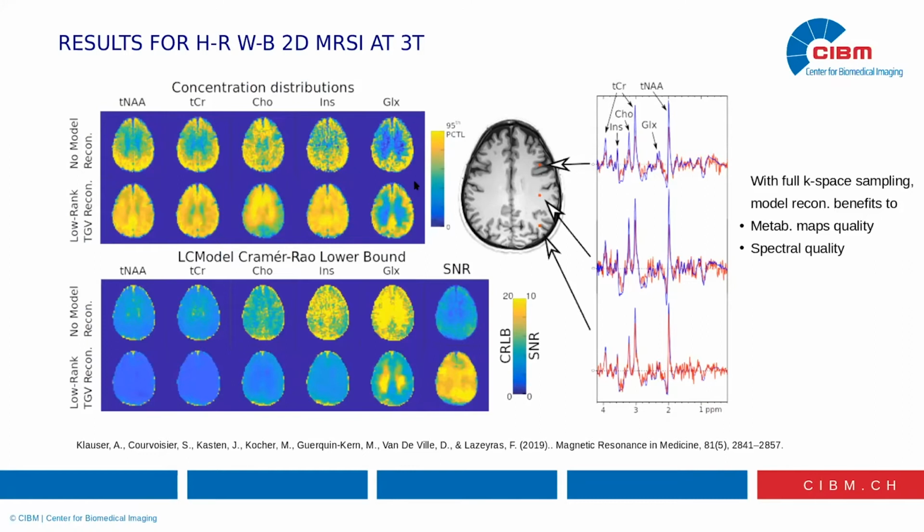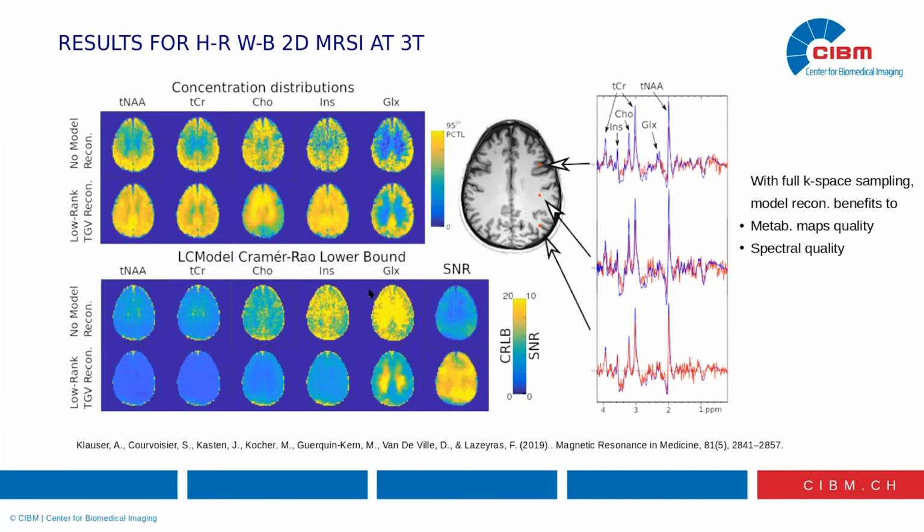We see the advantage of using the model reconstruction already in the resulting map quality. An obvious gain in SNR and also in the correction of the coil sensitivity profile. Looking at the spectral quality of this result at 3 locations, we see in red the no model recon, and in blue the model reconstruction. We see a clear improvement in SNR in these spectra.